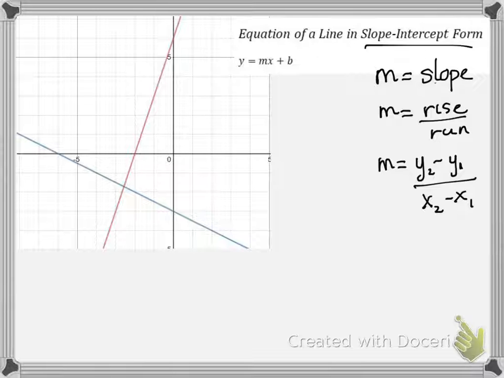I'm going to write first the equation of the red line. The red line is y equals mx plus b. And my slope is, I need to find something whole number like this. It's easy to use that one.